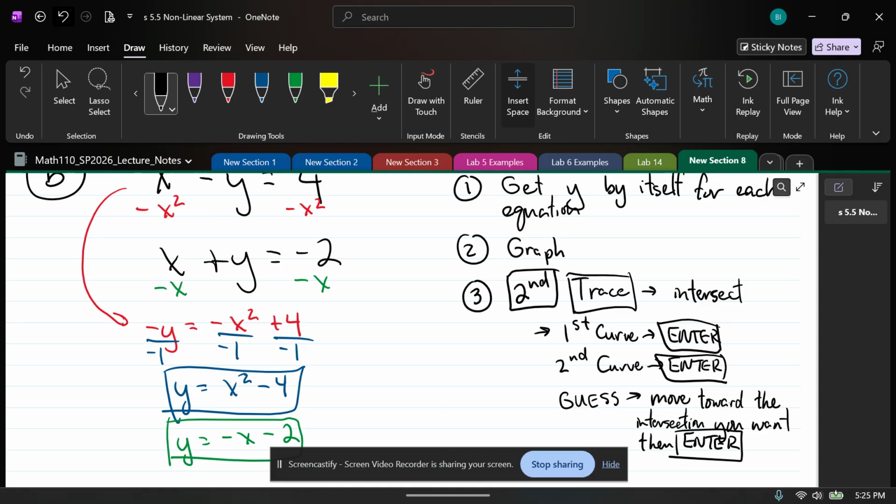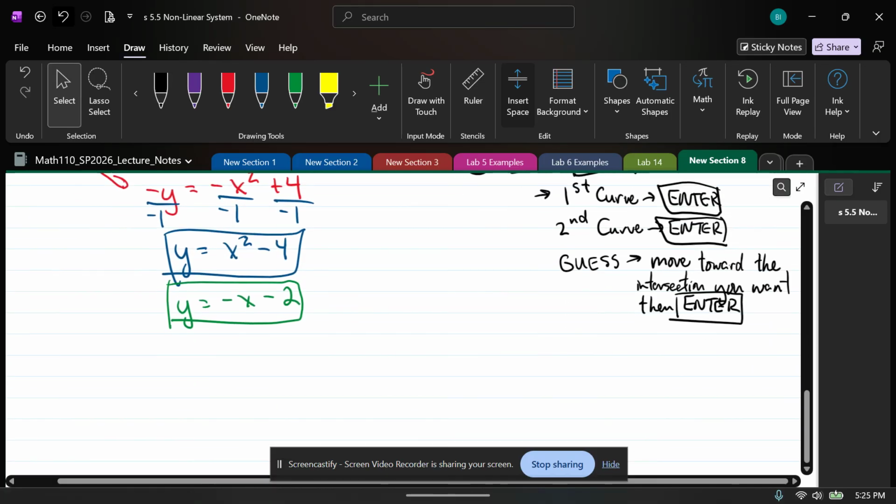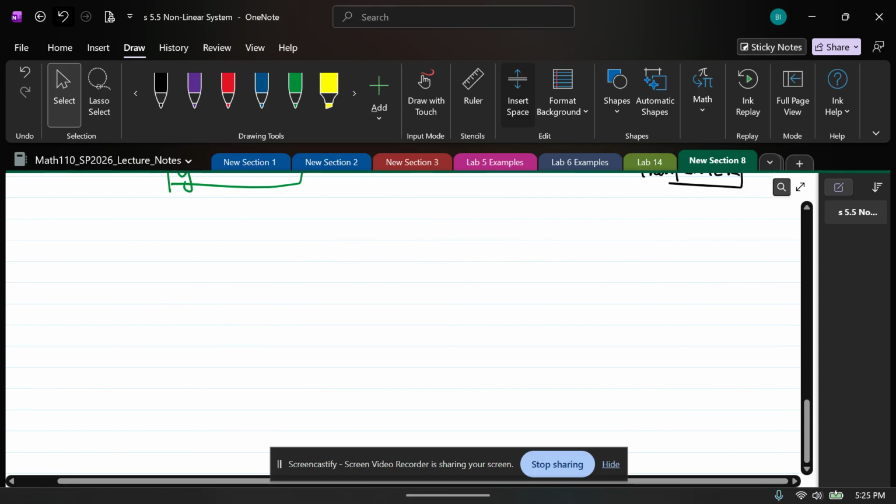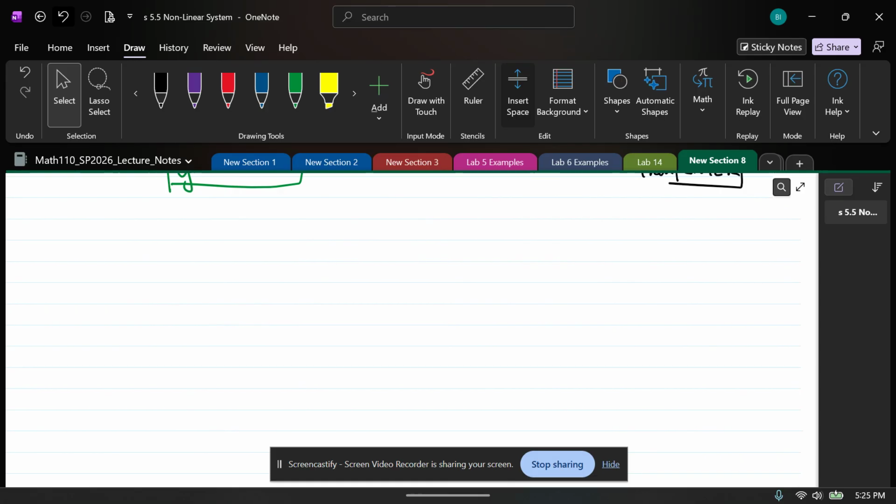All right, let's do another one. Let's do a totally different one. Let's see here. Try to get a good one here. Let's say we had, example C, x squared plus y equals 8.